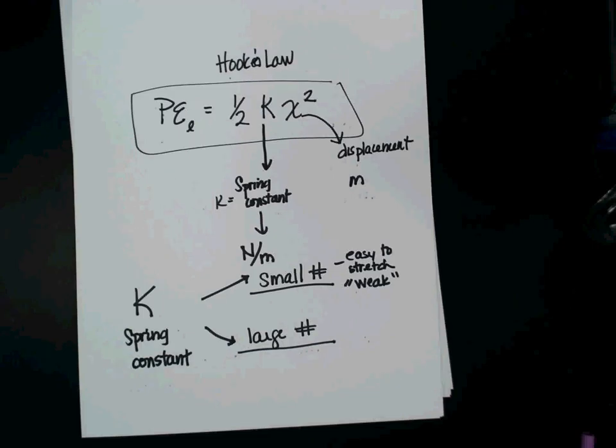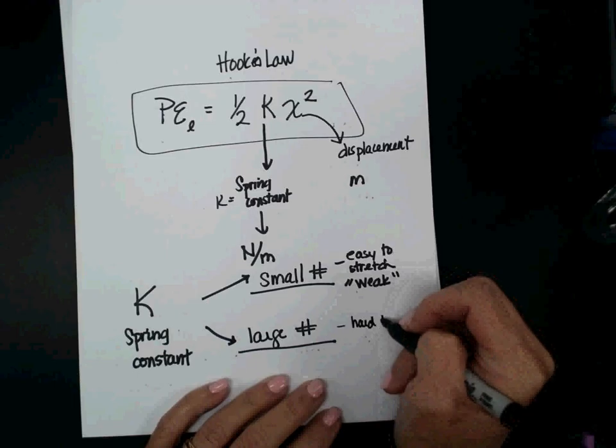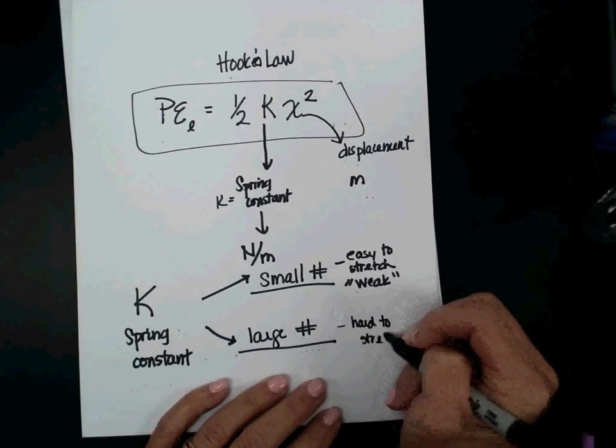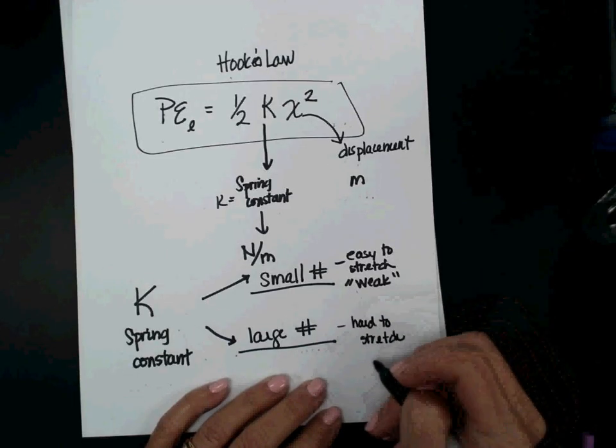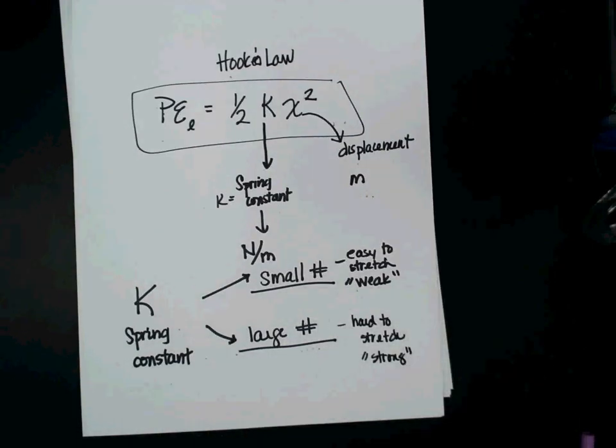How about the springs on the trampoline? Those are pretty hard to stretch. They would have a high spring constant. So this tells me hard to stretch. Something that's very strong has a high spring constant.